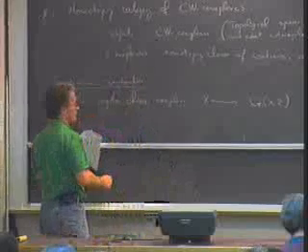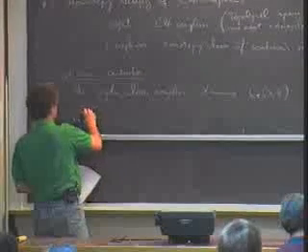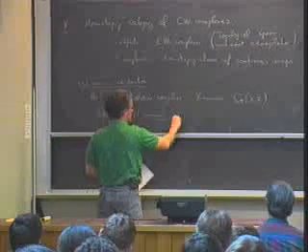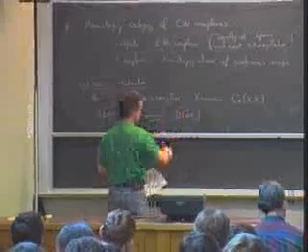And this construction defines a functor from H to the derived category of abelian groups.